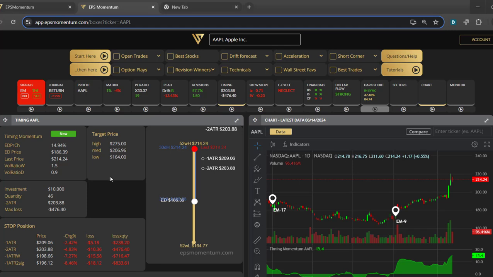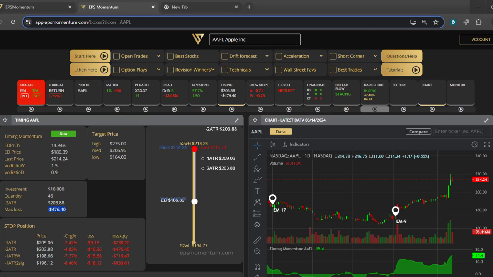So how much are we risking in dollar terms? That's a good question. We go to this little box on the left, on the basis of a $10,000 investment. If you want to invest $10,000 in Apple, that will be about 46 shares that you can buy because it's $214. But the important thing here is this max loss number.